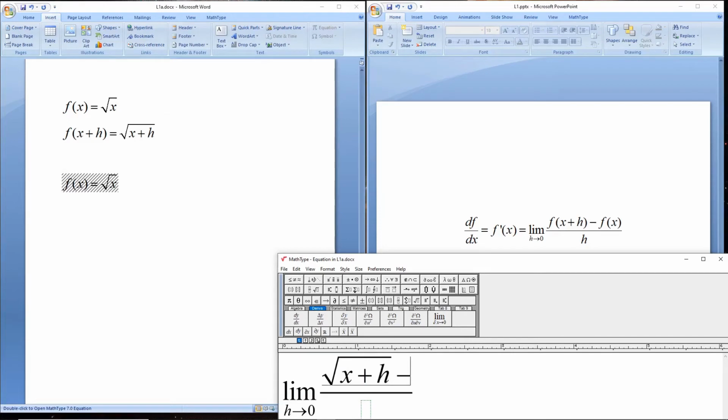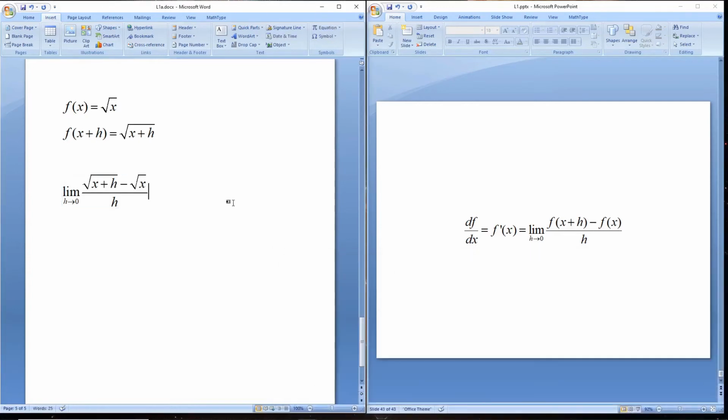And then this is minus the original function, which is just square root of x, and all divided by h. So here is plugging our information into the limit, and then we will do what we can on it.